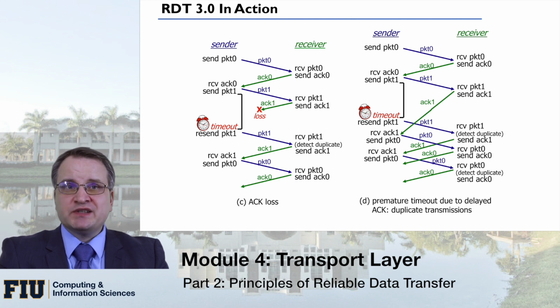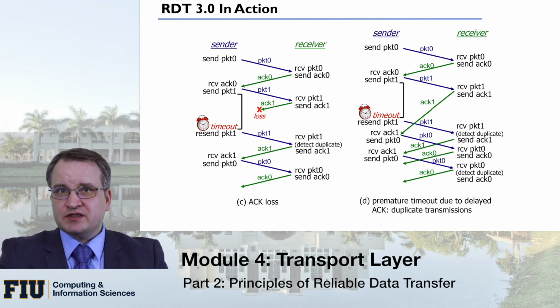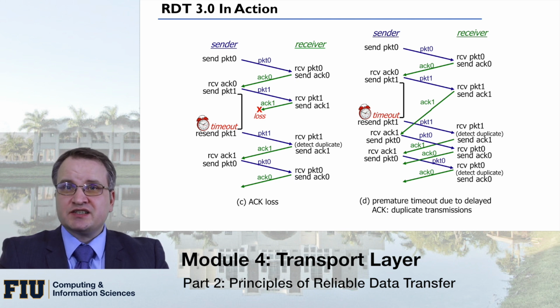But it really depends on the value of the timeout, and on how it relates to the RTT, this detection may be premature. This is highlighted in the picture on the right. If you have a very short timeout, smaller than the RTT, so smaller than the time before you can actually receive the acknowledgement, you can retransmit unnecessarily.